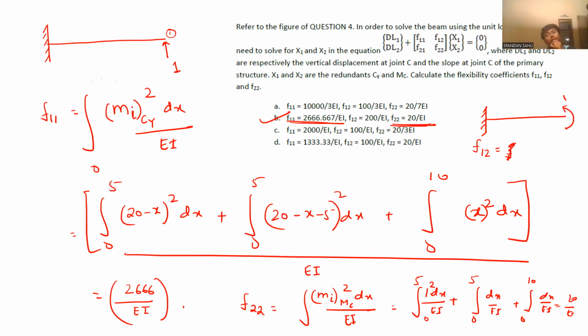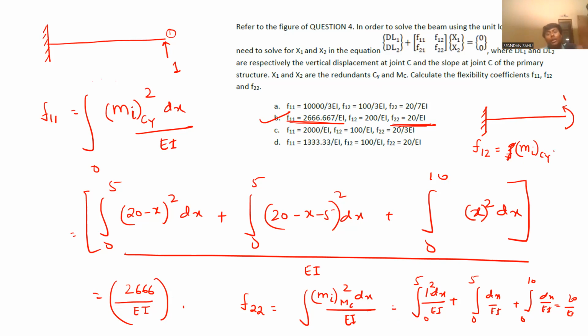Correct? Now you have to calculate displacement at 1. Displacement at 1 means along the first redundant direction, so you have to apply 1 unit there. From there you will write small m for that unit load, MI of CY.